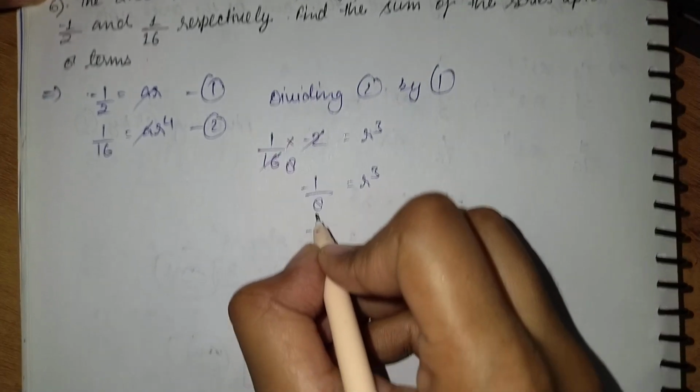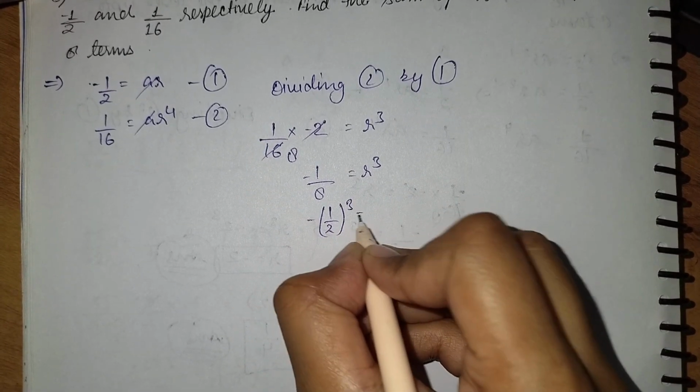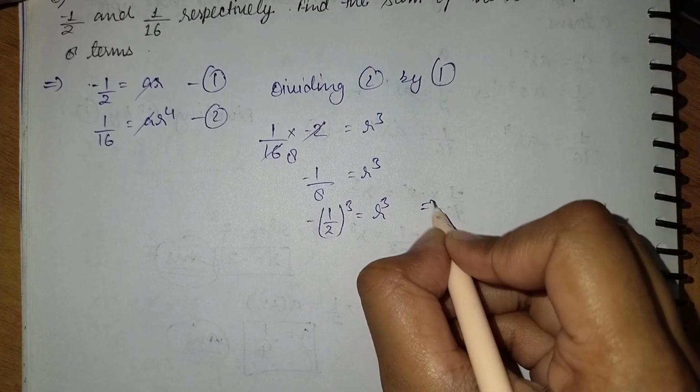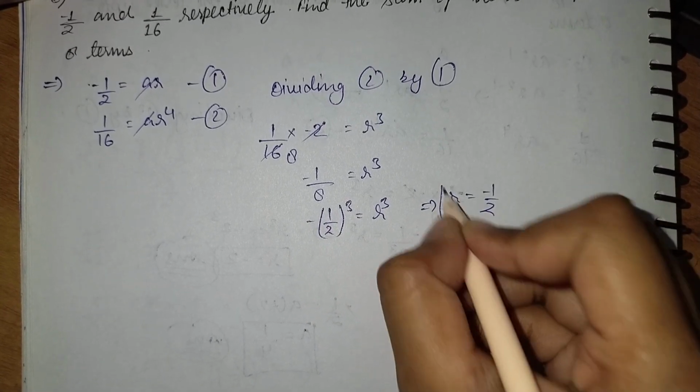If we write now (minus 1 by 2) to the power 3 equals r cubed, on comparing, r is equal to minus 1 by 2 here.